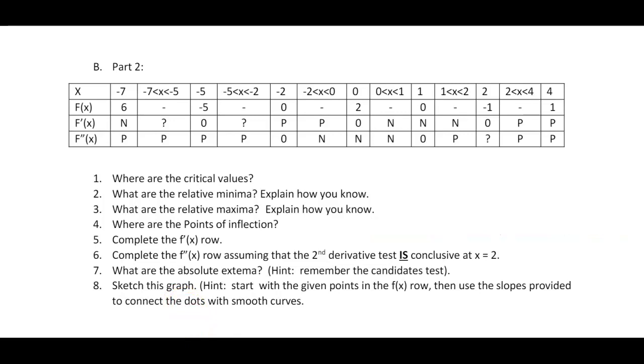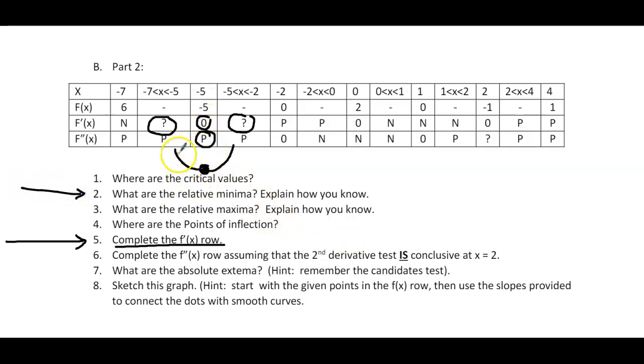All right. Number 5. Complete the f prime row. They want to know, what are these? Are they P or N? Well, we already know that at this point, because the second derivative is positive and this equals 0, we have a concave up function at this point with a relative minimum here. We saw that back at number 2, right?